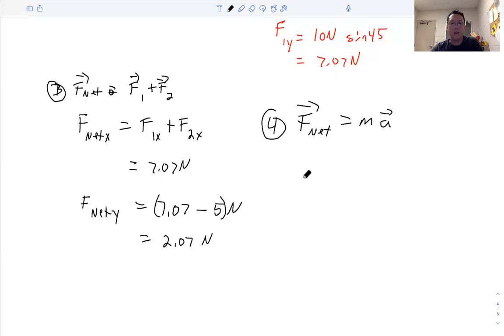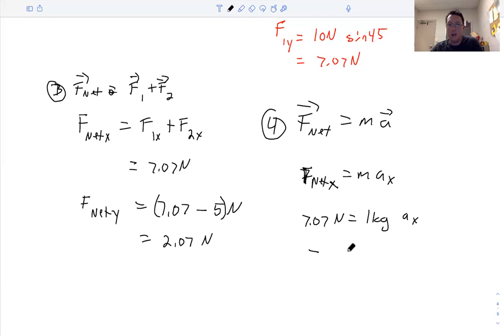So I can write this out in the x direction. So let's look at the x. The net force in the x direction equals mass times acceleration in the x direction. So I get 7.07 newtons equals 1 kilogram times the acceleration in the x direction.